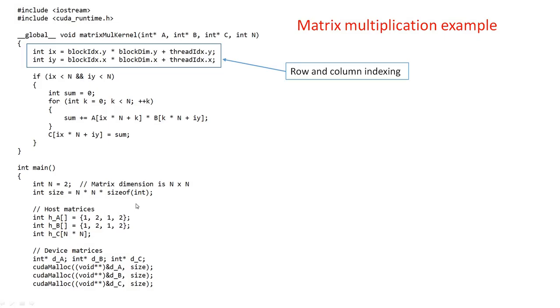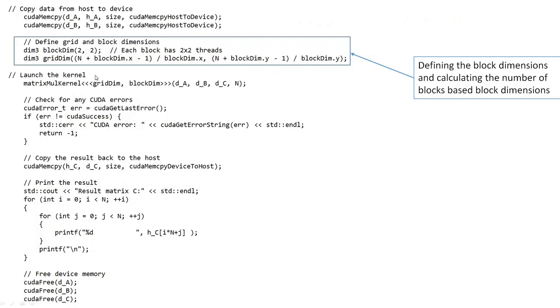So in the main program, n is equal to 2. That means this is a matrix dimension of 2 by 2. Right now we have explained everything for square matrices only. Then you allocate the memories and so on, and the only thing here is that you have to define grid and block dimensions using the data type dim3, which is something extra from earlier programs.